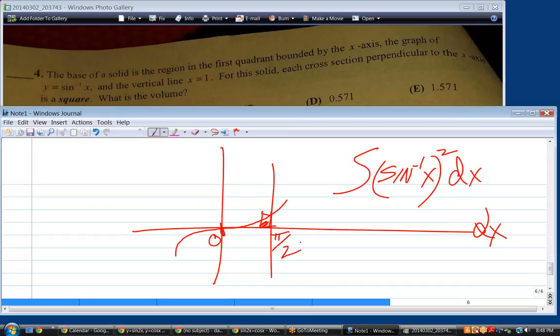Pi over 2. Ah, hold on a second. Wait, no, isn't it just 1? We're doing the x value. You're absolutely right. So it's from 0 to 1. In fact, that should be it.